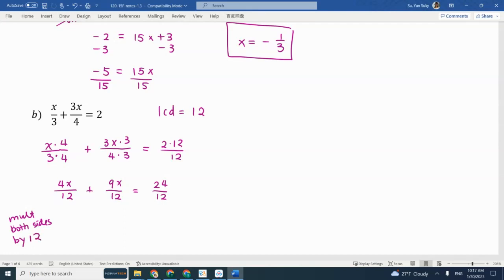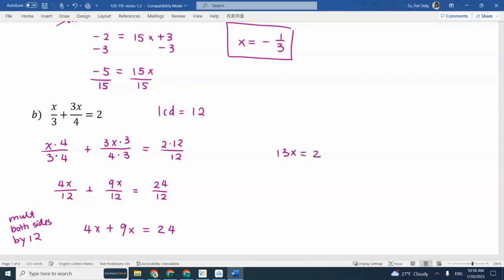So when you multiply by 12, you have a parenthesis, right? Which means you multiply each term by 12. So this multiplied by 12, you get 4x. And second term, 9x, right? Equals 24. What's 4x plus 9x?